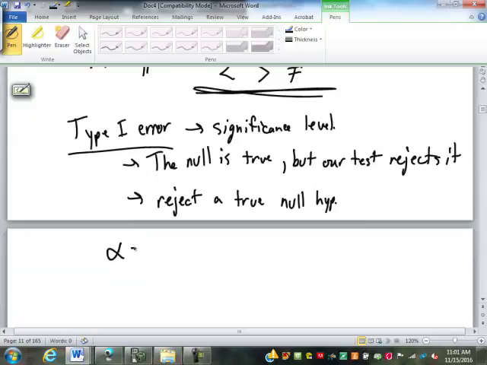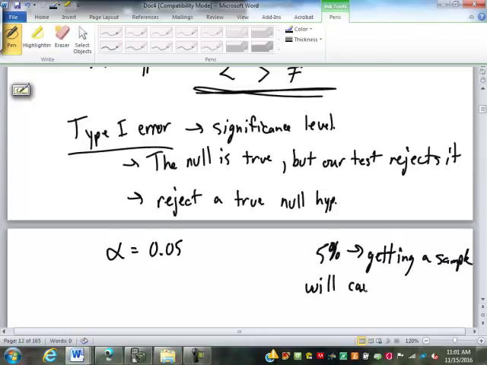If alpha is 0.05, what that is saying is there is a 5% chance of getting a sample that will cause us to reject H0 even when it's true.